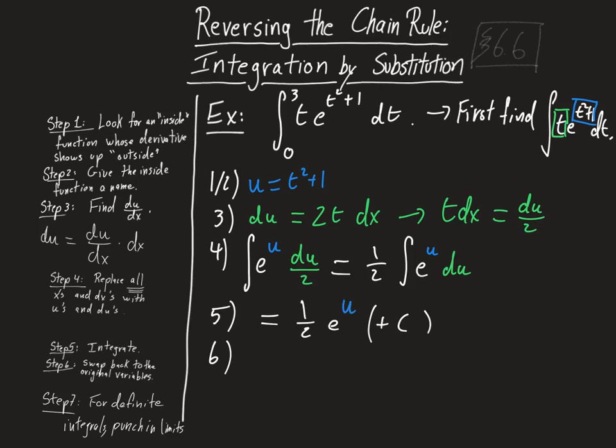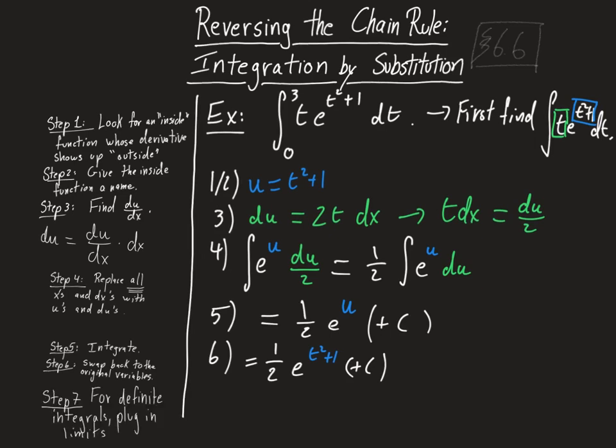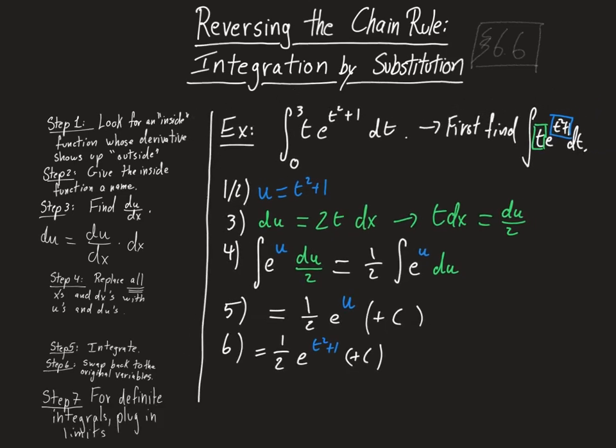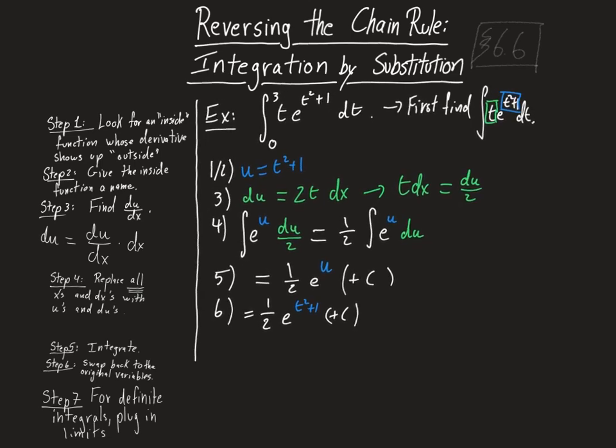Step number 6 is to swap back to your original variables. So we now have 1/2 of e to the u, which was t squared plus 1. And again, we have a plus c here, but I'm putting this in parentheses. Let's make this a little bit smaller to do our very last step.